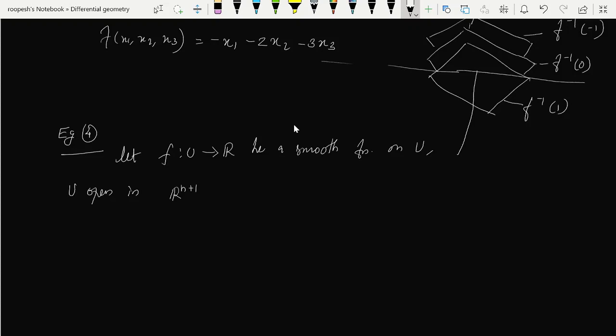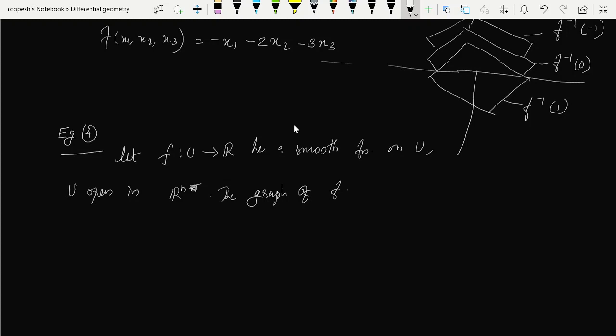We have already defined what the graph of f is.